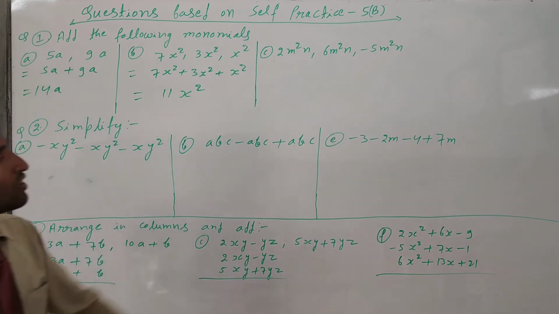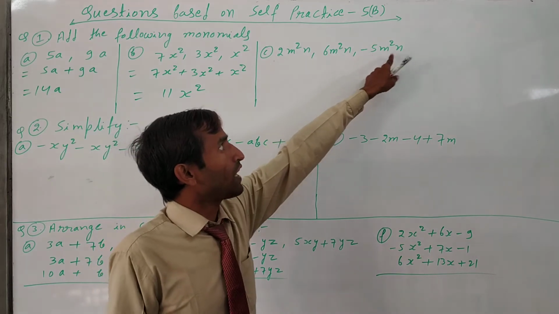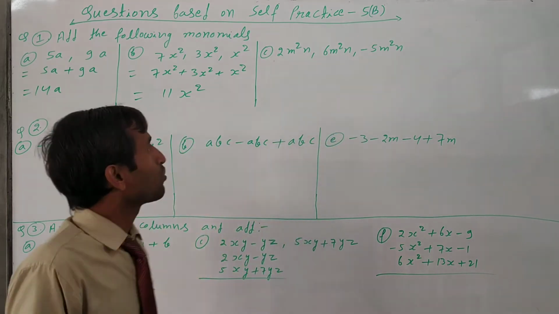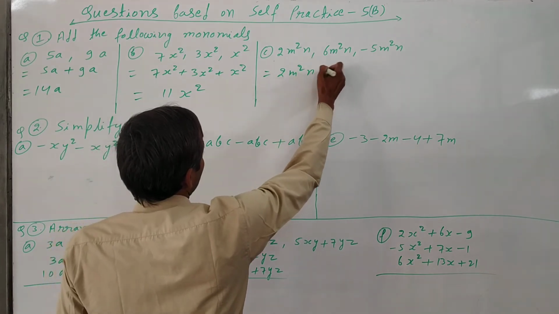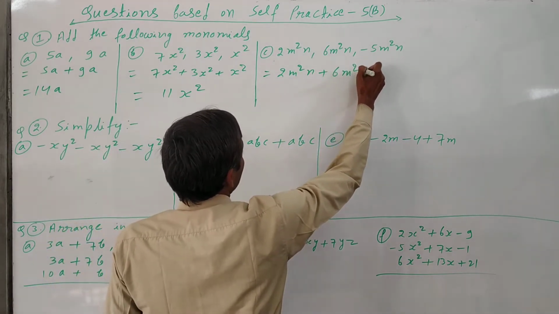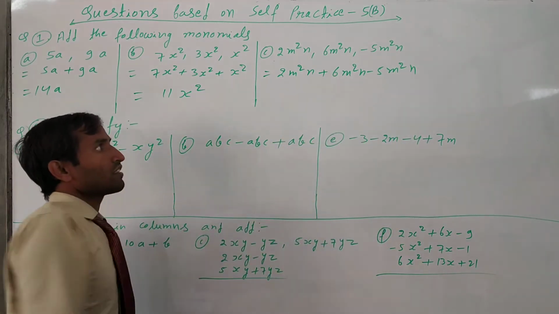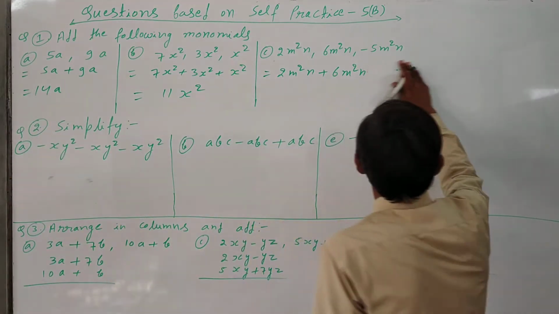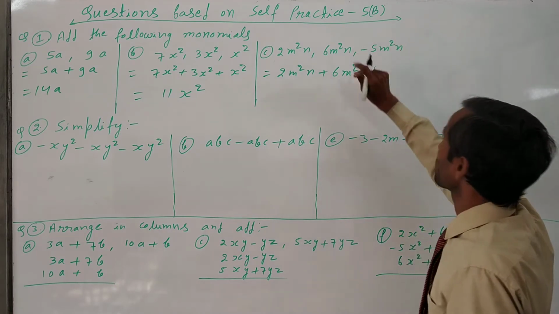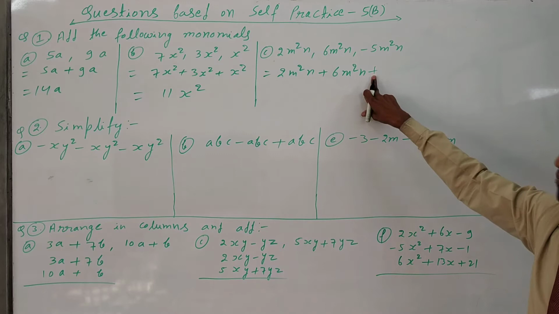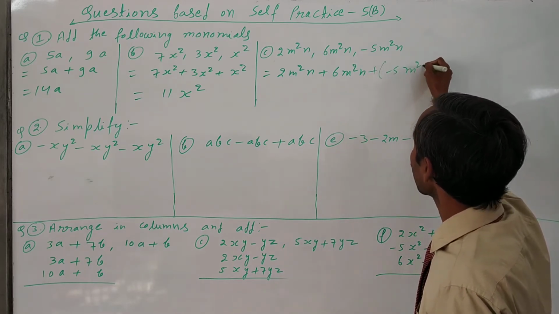Okay, next one: 2m square n, 6m square n, minus 5m square n is there. So we will write here 2m square n plus 6m square n minus 5m square n. You can write plus also; if you keep plus, then you have to put a small bracket around minus 5m square n.